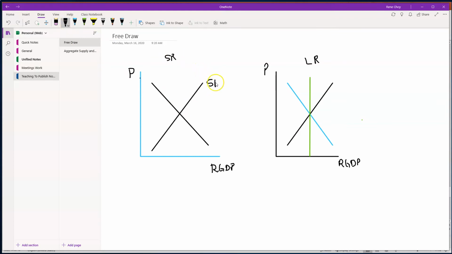Again, we have our short run aggregate supply. We have our aggregate demand, and we have our current equilibrium level. So let's call it P1 and real GDP 1.